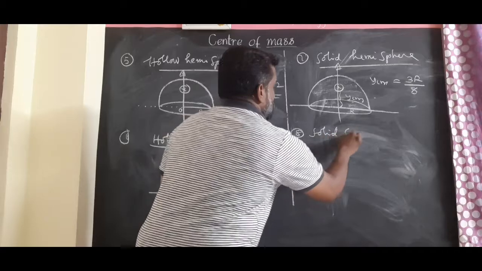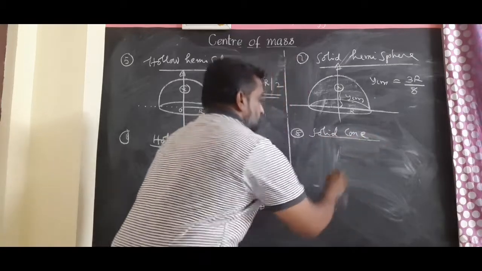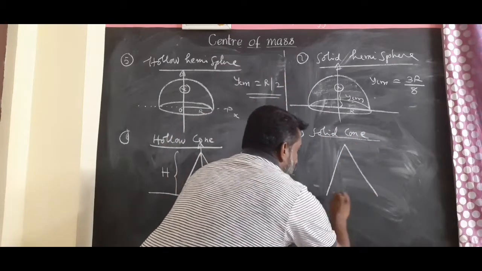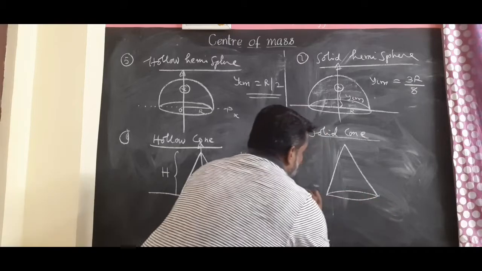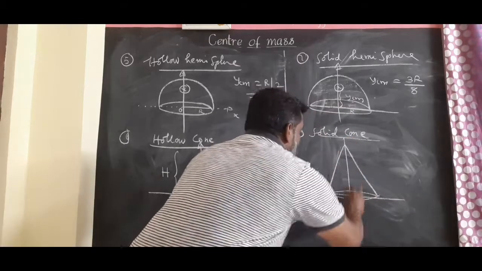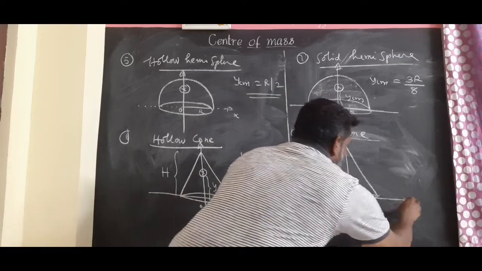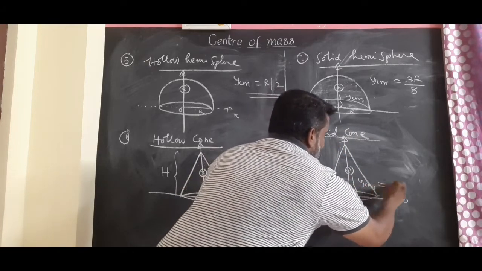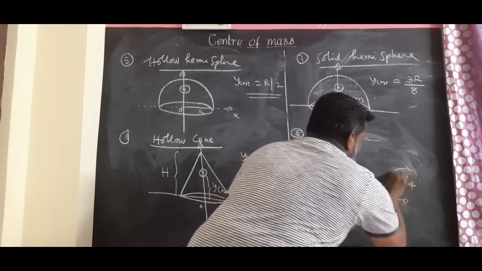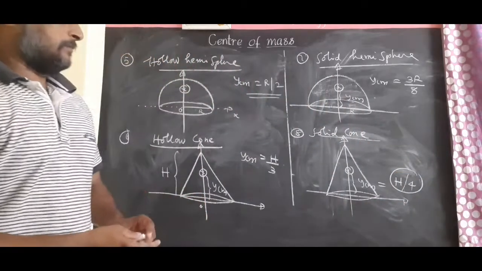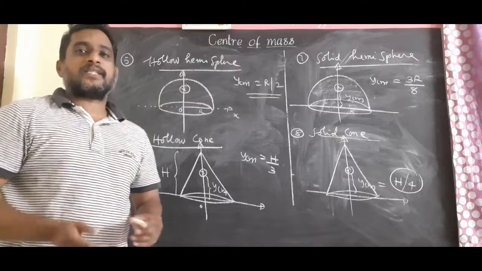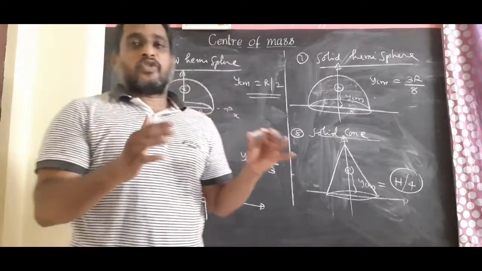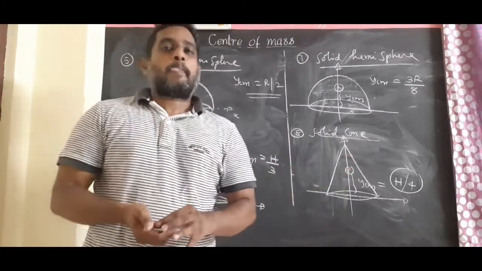And the last case is the solid cone. In case of a solid cone, from the base, the center of mass is at a height h by 4. These are the 8 cases. In these 8 cases, we just practice the equations.